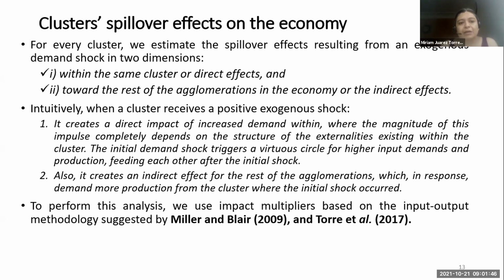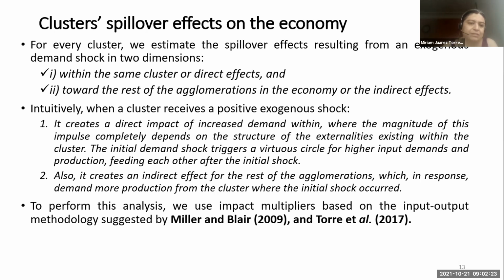Intuitively, when a cluster receives a positive exogenous shock, for example an investment, it creates a direct effect of increased demand within the cluster. In this case, the magnitude of the impulse completely depends on the structure of the externalities that exist within the cluster. The initial demand shock triggers a virtuous circle of higher input demands and production, feeding each other after the initial shock.